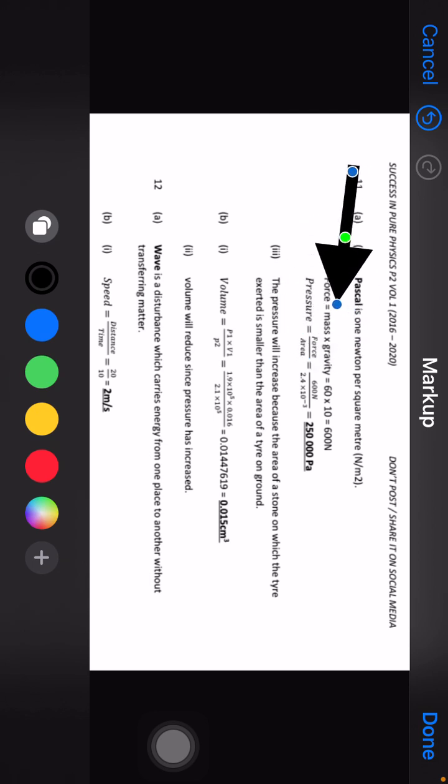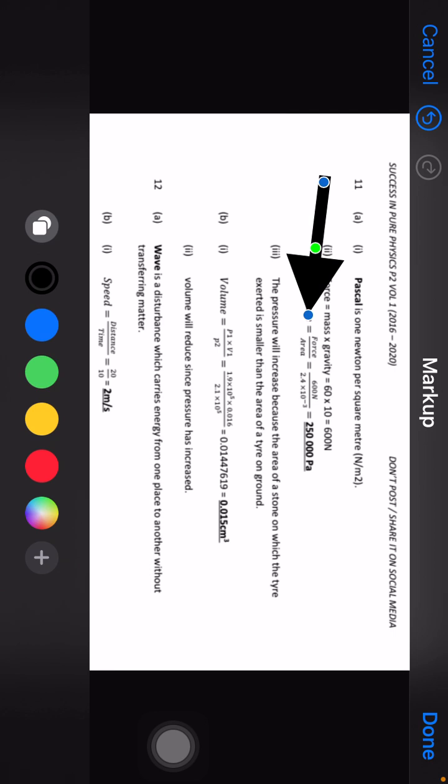There's a big lesson you need to learn here, because when it comes to definitions in physics, you can actually use equations to define something. For example, acceleration is equal to final velocity minus initial velocity over time taken.